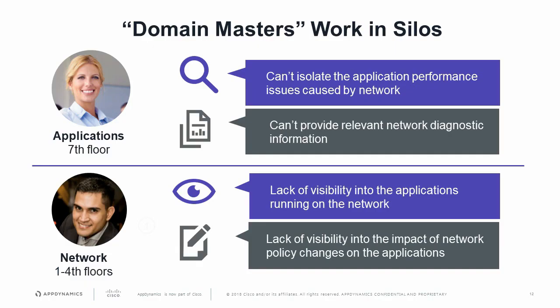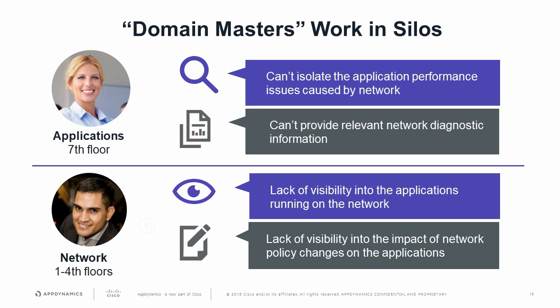Now, if you look at current IT organizations, these organizations are siloed. The application teams want to isolate the application performance issues, but they don't have enough network diagnostics to say, hey, this is concretely the network. From a network point of view, you bring up the application, you have the network connectivity up and running, but they lack visibility into what those application workloads are, which are connected to your network.